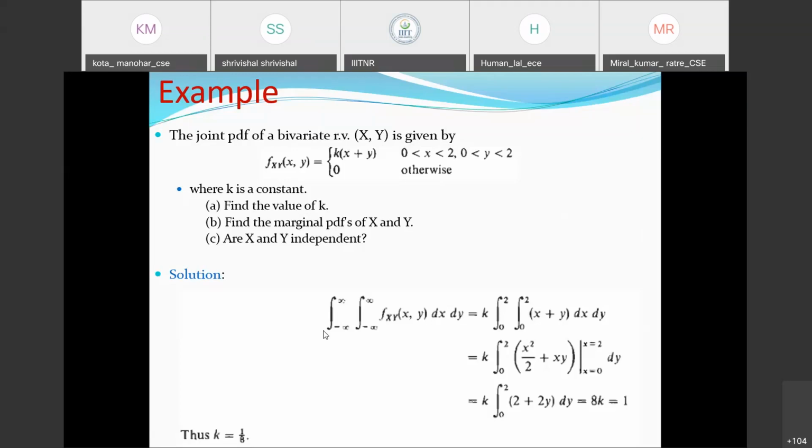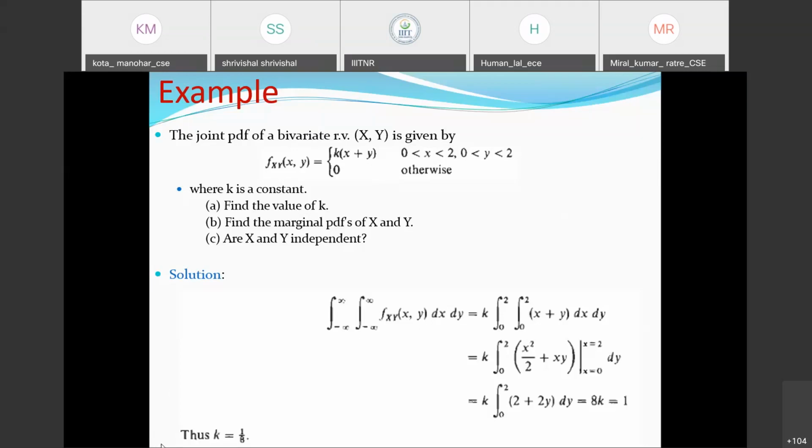Here you can say the range is from minus infinity to infinity. That's the convention. But out of this range, as the function is given already, the function exists in the range of 0 to 2 in case of both x and y. So subsequently, we need to substitute the integration limits in the function.